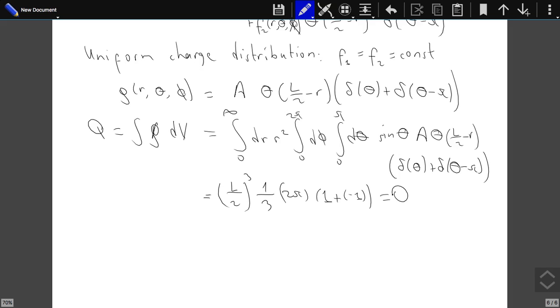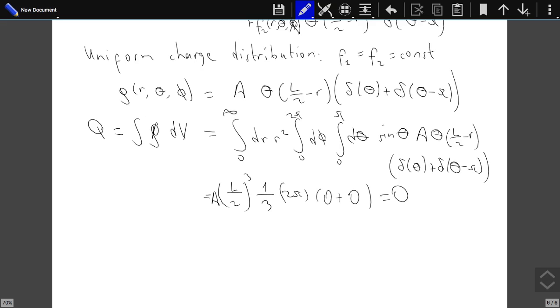Oops. So what is A? The step function is not correct. Why not? Because both have the same step function. So sine of 0, sine of pi, both are 0.